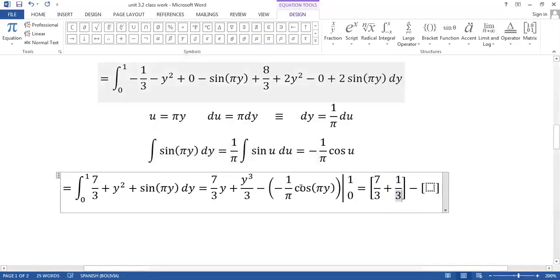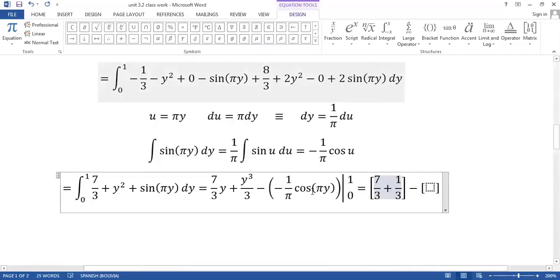When y is 1 here, what's the cosine of 1? Wait, hold on, sorry. That's not the cosine of 1. Y is equal to 1, so what's the cosine of pi? That's the cosine of 180, which is -1.